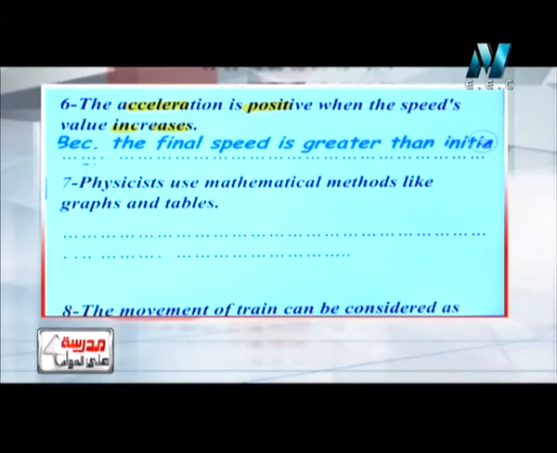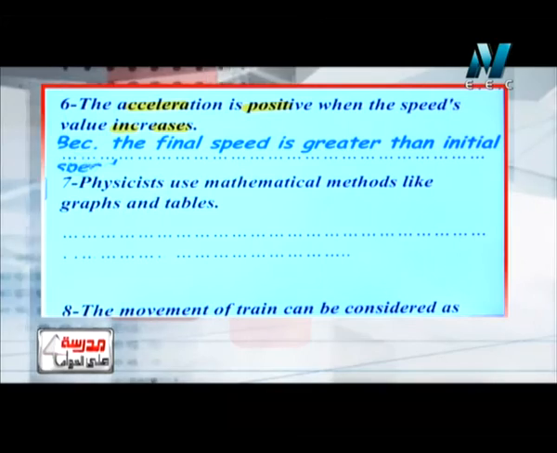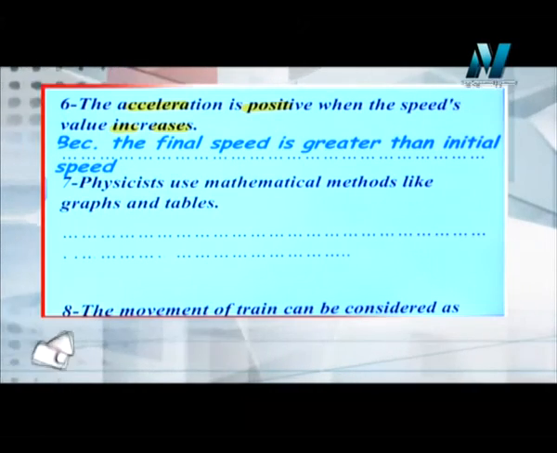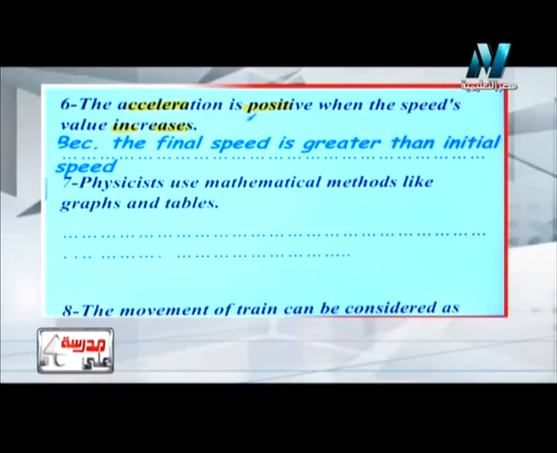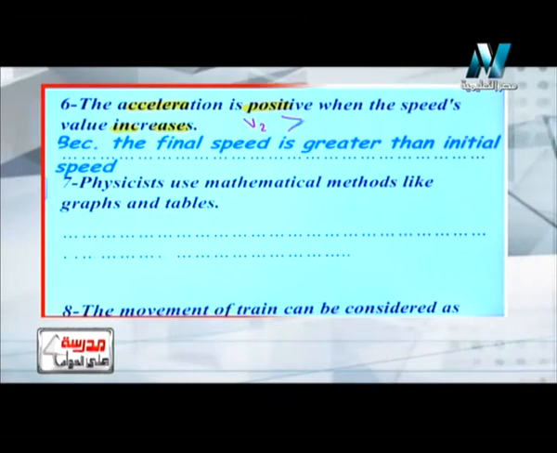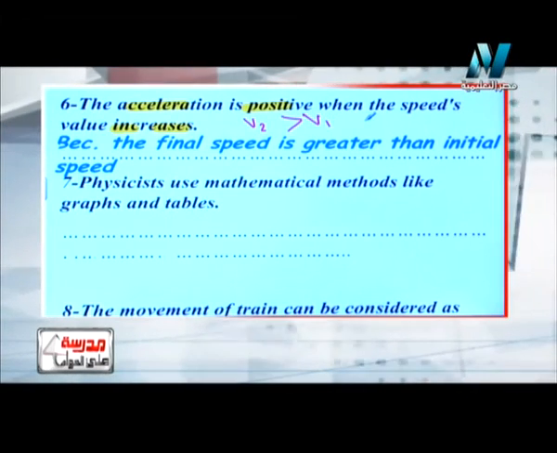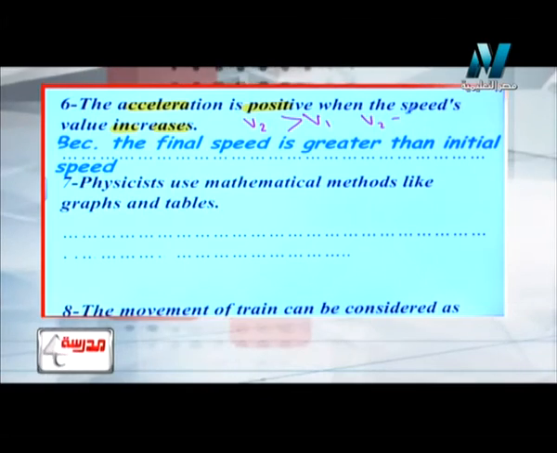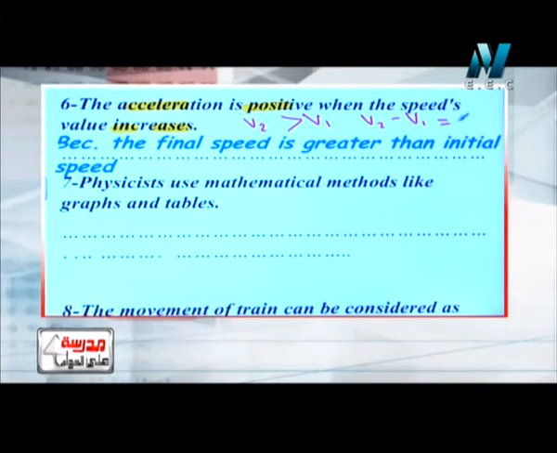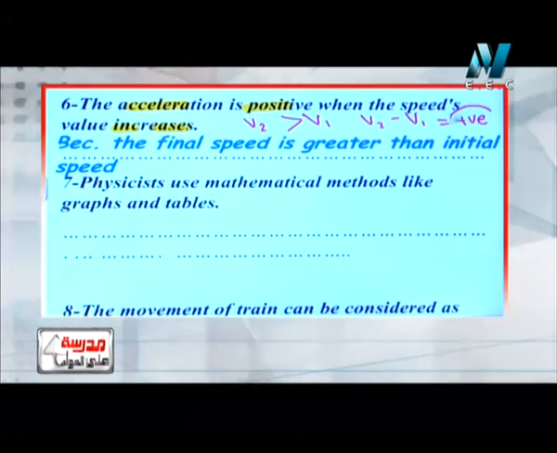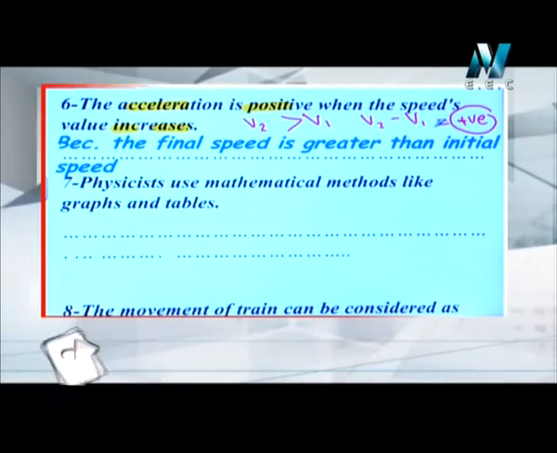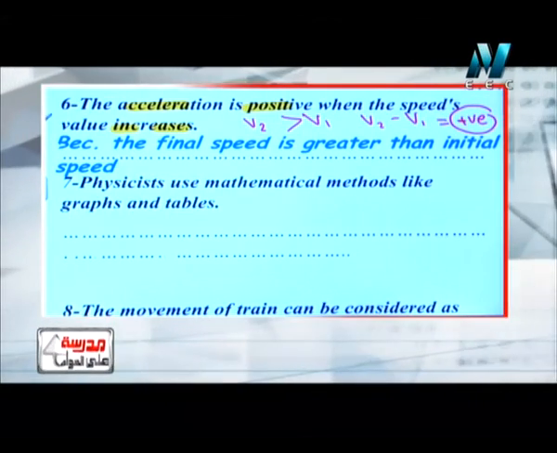Initial speed. So here we talk about V2 and V1. V2 here is greater than V1. So if we make V2 minus V1, we have what? We have a positive value. So we answer according to the final and initial speed.